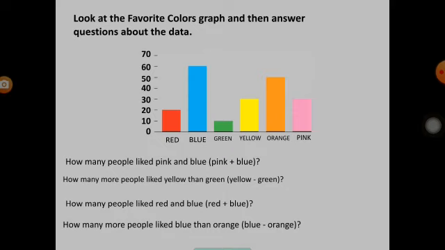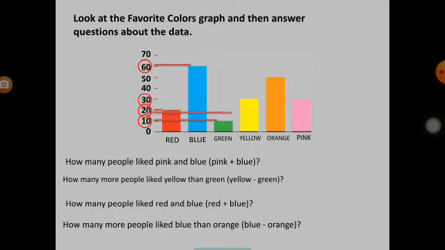So, how many people liked pink and blue? Before we start, I need to know how many people like red. It will be 20. And how many like blue? 60. And how many like green? 10.